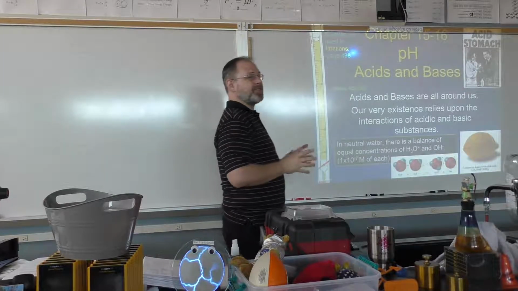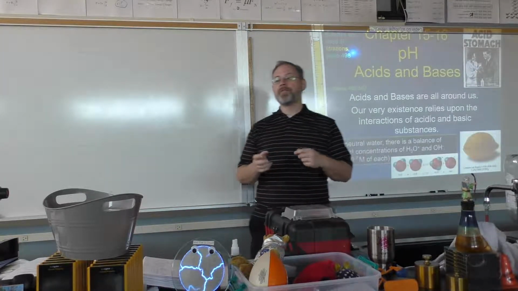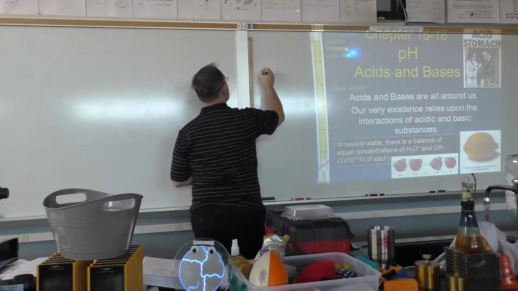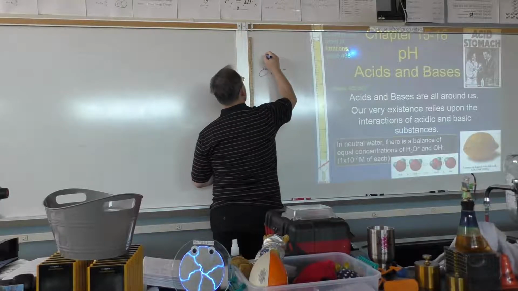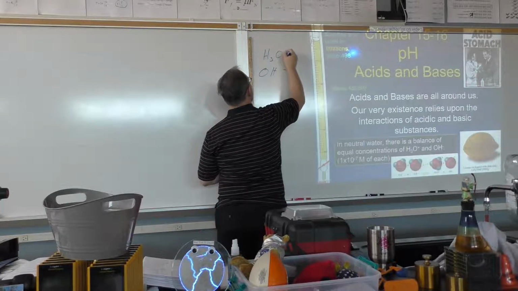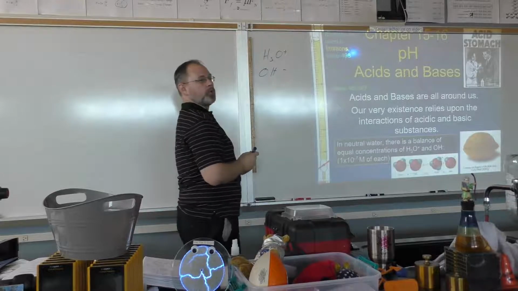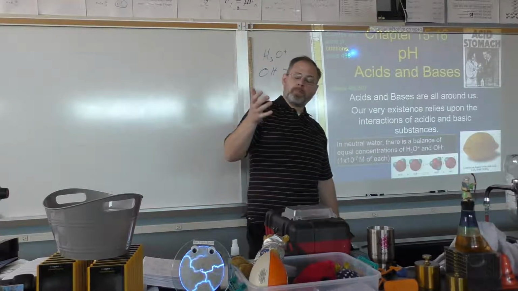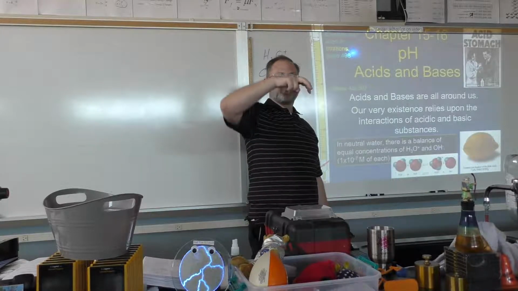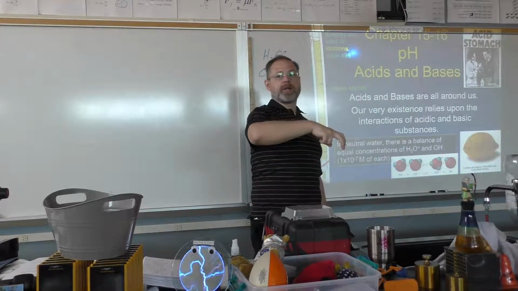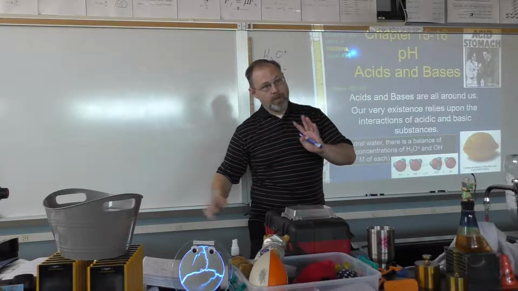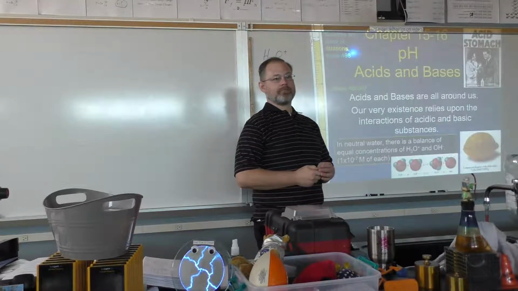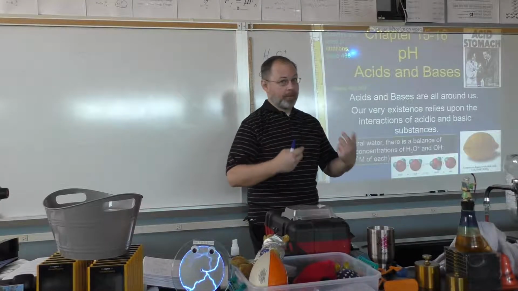So the biggest thing in understanding about acids and bases is the base ion is called hydroxide, and it's OH minus, and the acid ion is called hydronium, and it's H3O plus. And last year, I plunged a light bulb with two big electrodes into a beaker of water, and it didn't turn on. And what did we say about the number of ions that were present? There weren't any. I lied to you.